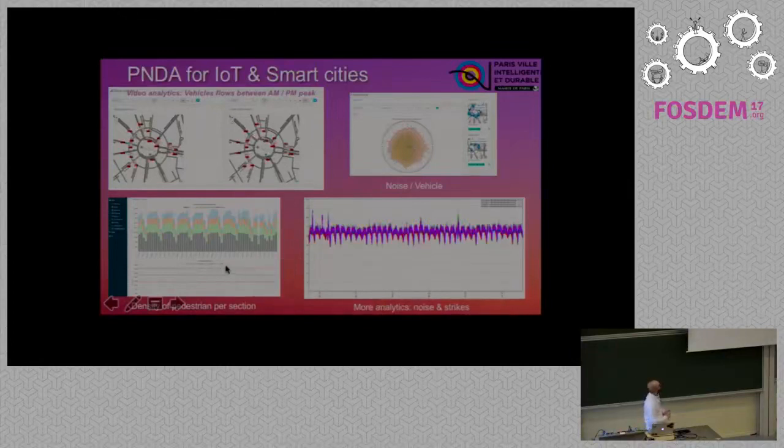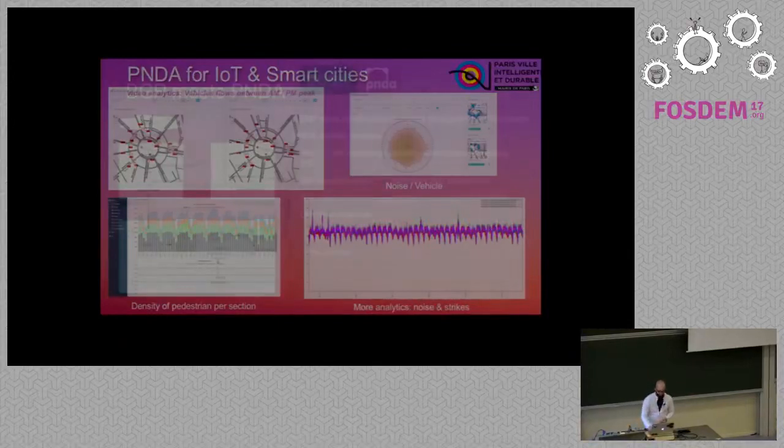We are able also to identify the density of pedestrians per section. And also, we are in France, we can do more analytics regarding the noise and correlate that with strikes, because we are used to strikes in France. So as you see, there are a lot of spikes here, and we can identify that this was when there were strikes in France, so a lot of spikes.